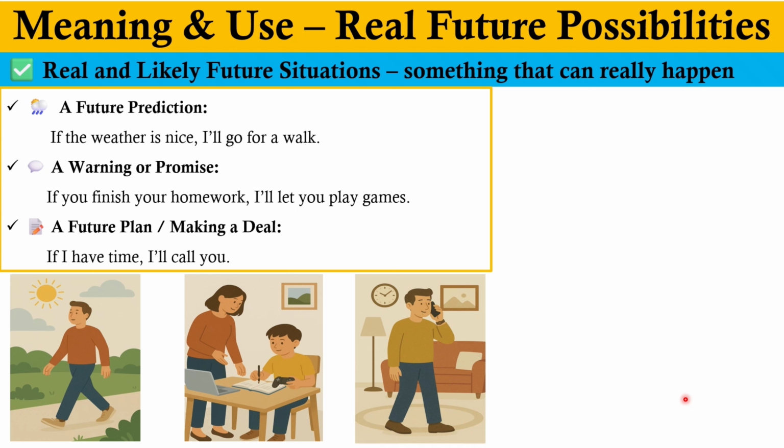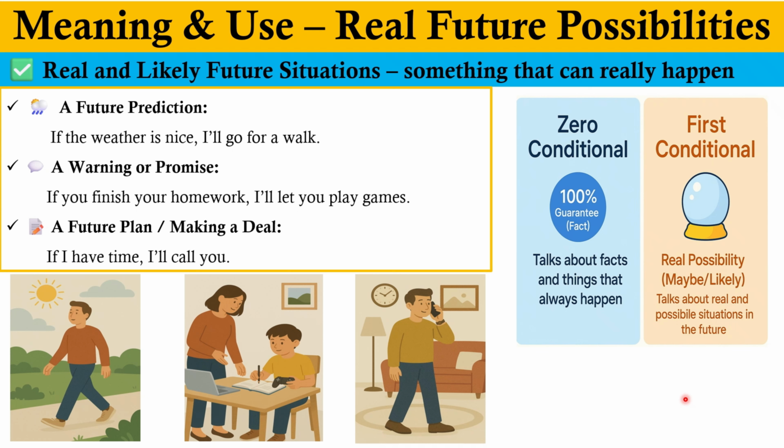So the key idea is that the situation is real, and the result will probably happen in the future. The main difference from the zero conditional is that this one is not a 100% guarantee. It talks about a likely outcome based on a condition. In short, we are imagining a future scenario.